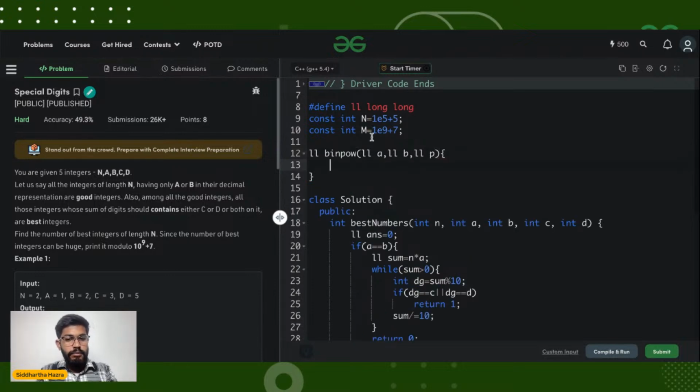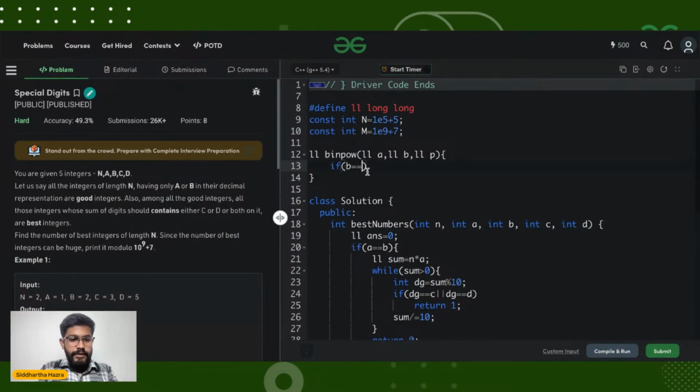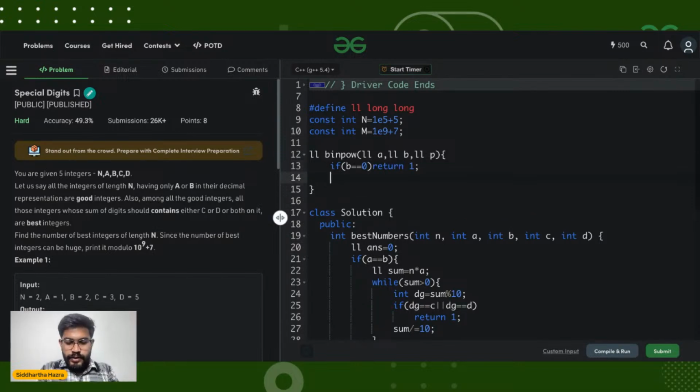Now I would just copy this. I would say if b is equal to 0, we would return 1. And then we would say long t is equal to bin pow of a comma b divided by 2 comma p.